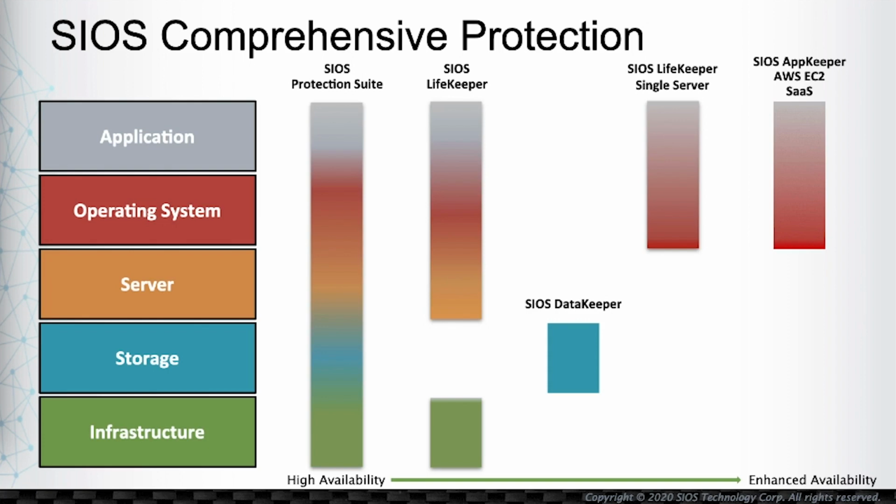And you can see the different parts of the stack here. The gradient in the bars is protecting at a different level. If you go to the right, you have LifeKeeper for a single server, and it's only the application and the operating system. You might have a VMware HA, for instance, configured. It's just managing at the server and down, so it's doing a heartbeat. You want to add application protection, something that's really knowledgeable about the application to track that.